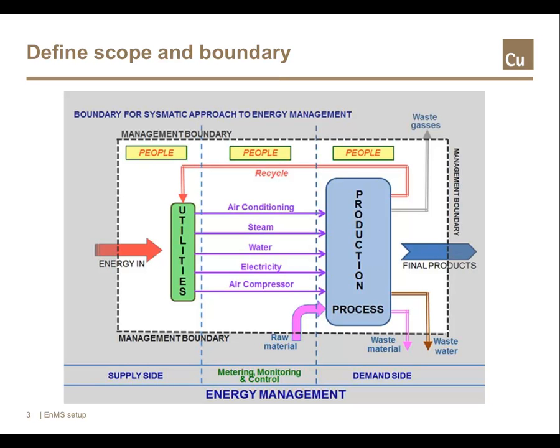Typically, waste material, water and gases are discharged outside the energy management boundary, though some residual energy may be recycled back to the utility equipment for reuse. Then there is a major source of energy called people, working within the management boundary and also using energy to produce their outputs. All these activities must be within the scope of the organization's energy management.